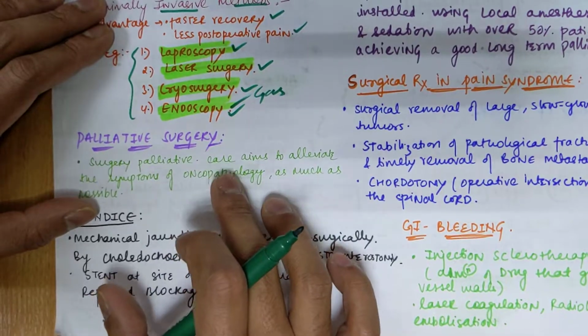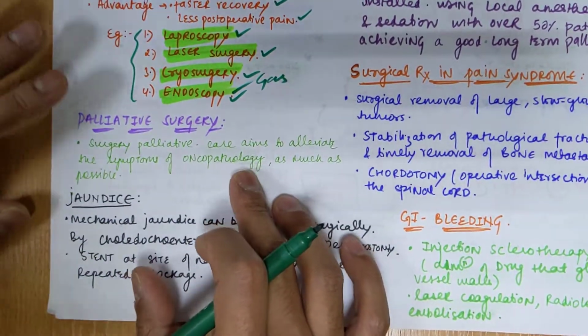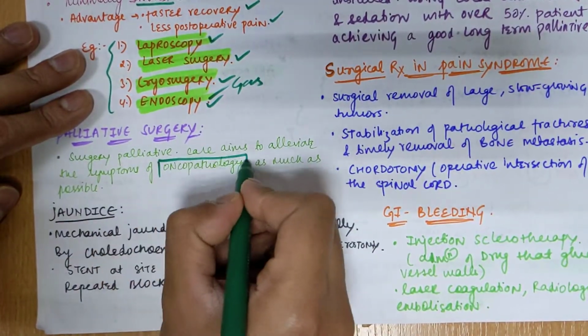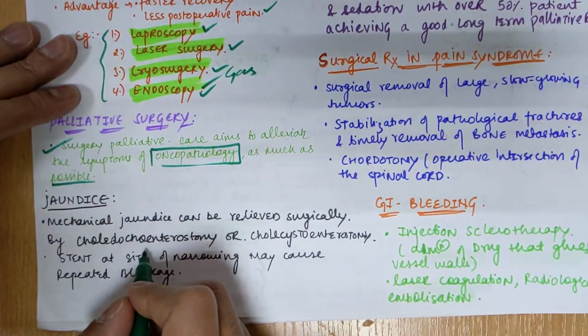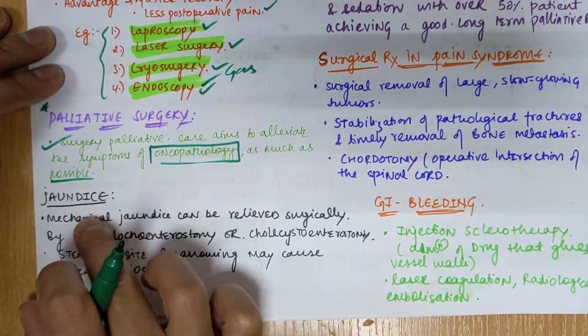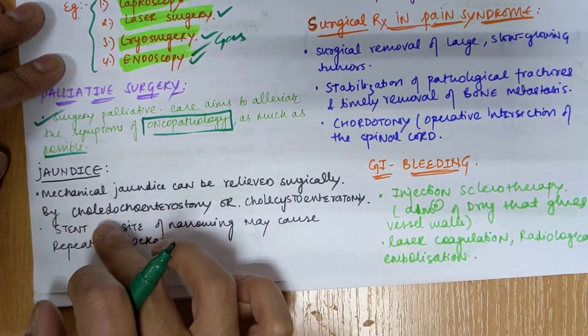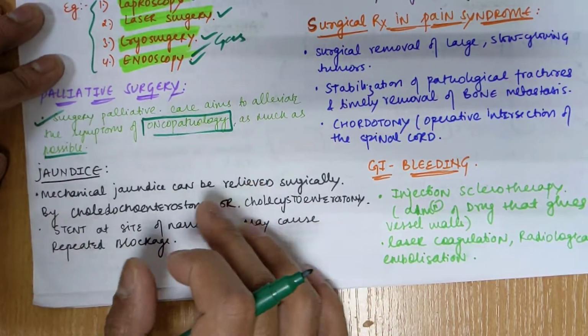Now palliative surgery. Palliative care aims to alleviate the symptoms of oncopathology as much as possible. And we have jaundice. Mechanical jaundice can be relieved surgically by cholecystectomy and cholecystoenterostomy.